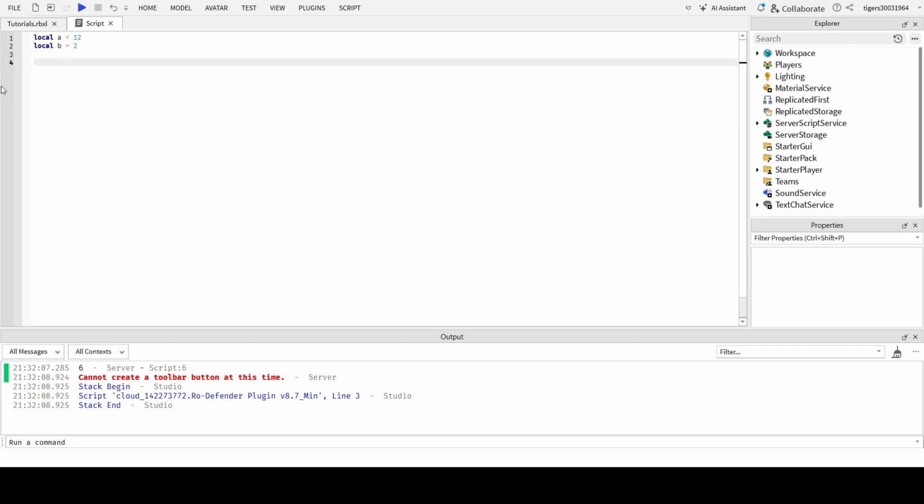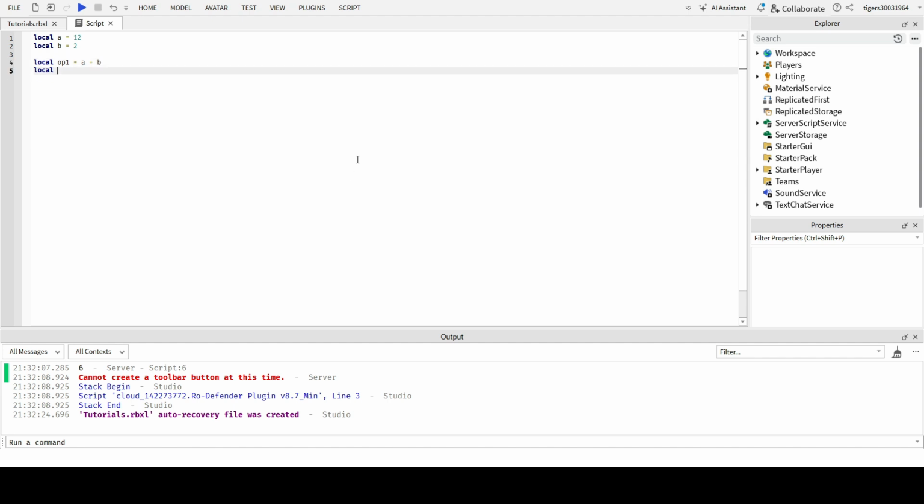Just as an example of all of this together, we can do local, let's say operation 1, op1 equals A plus B. It doesn't matter if there's a space here or not, it will do the same thing, but it might look neater to include a space, it's more readable.